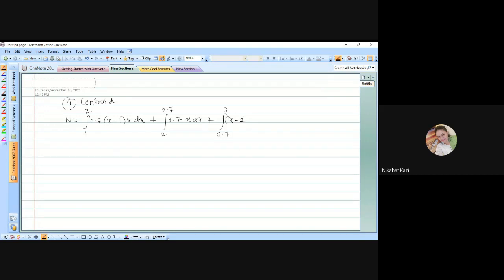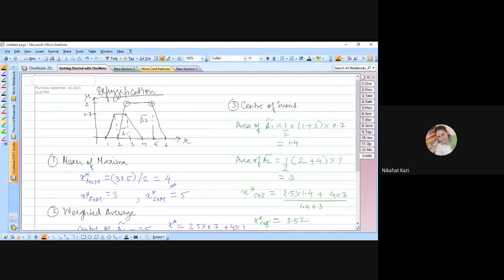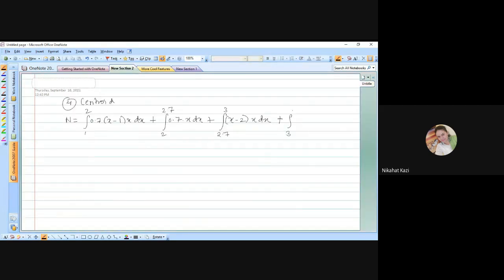Okay. Multiplied by x dx. Then you go for the next interval, 3 to 5. 3 to 5, it's a constant. Simple. So 3 to 5, the constant is 1, right? So 1 times x dx.